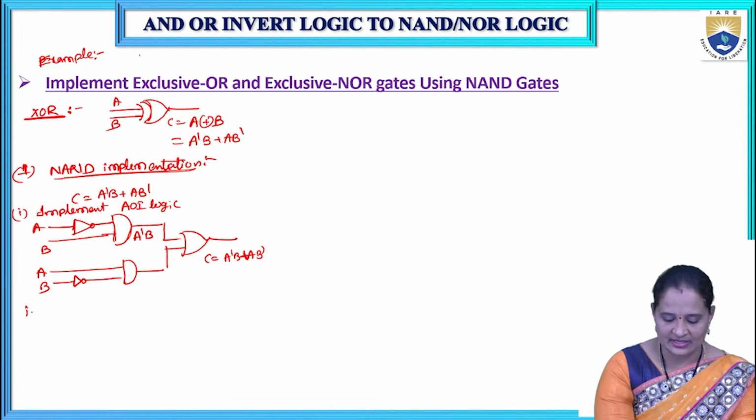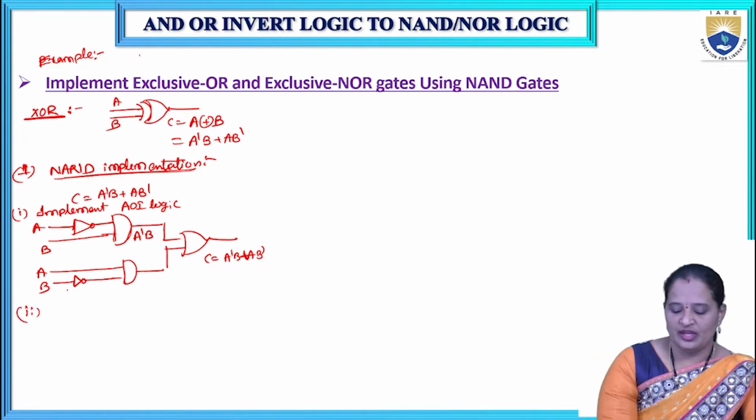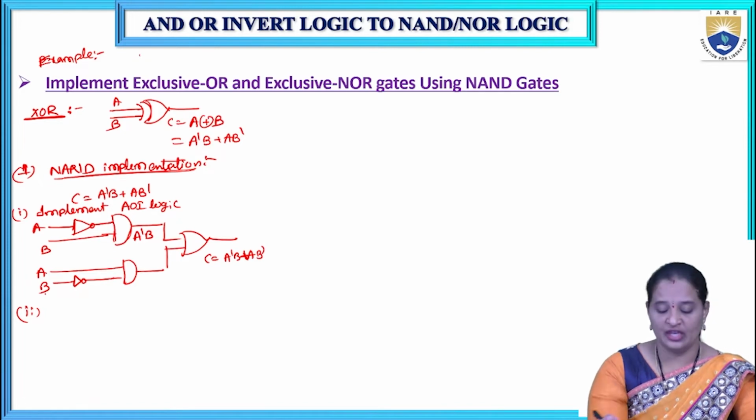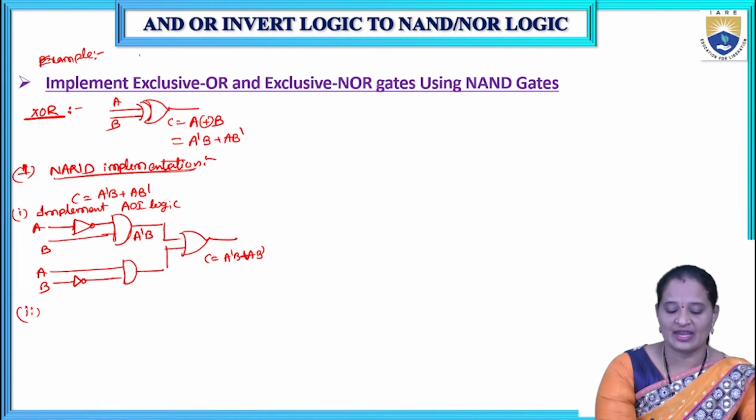Now coming to the second step. What is the second step? We need to place the bubbles at the outputs of each AND gate and at the inputs of the OR gate, because we have chosen NAND logic.